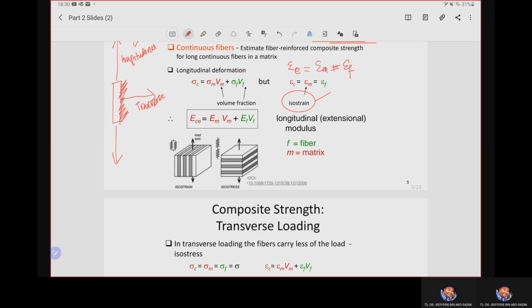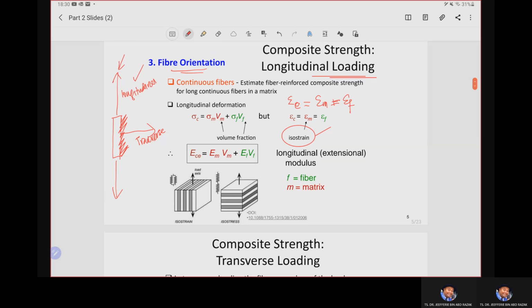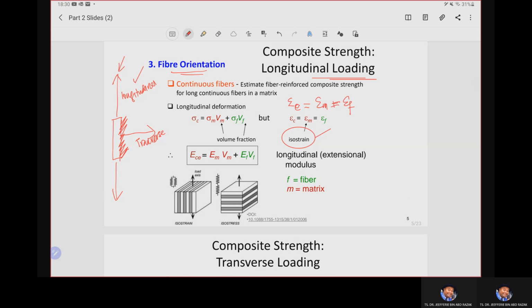To start, the total load sustained by the composite is equal to the sum of the load carried by the matrix and the fibers. So FC equals FM plus FF.